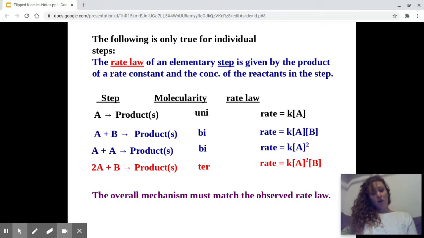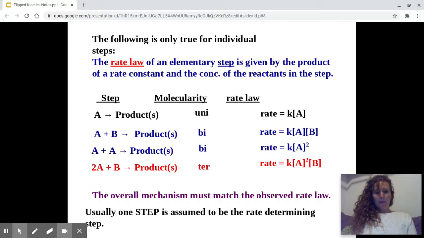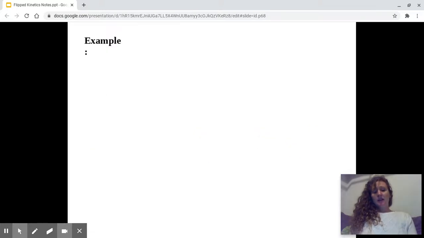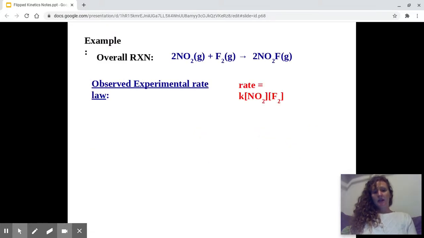Okay, so now we can use this information to evaluate mechanisms and figure out what mechanisms actually occur or could possibly occur, and what mechanisms cannot possibly occur. Okay, so for example, here is a reaction.